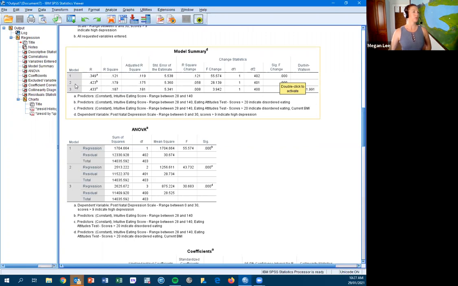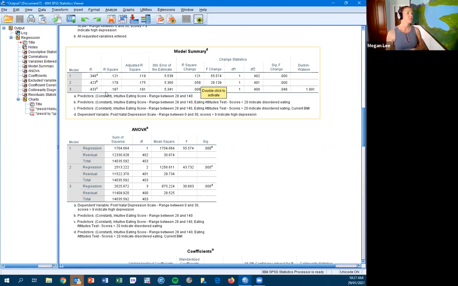The second model, when we include eating disordered behaviour, it goes up to 0.179. So the R squared change is 0.058, so it adds another 5 to 6% of the variance in depression. So not too much.